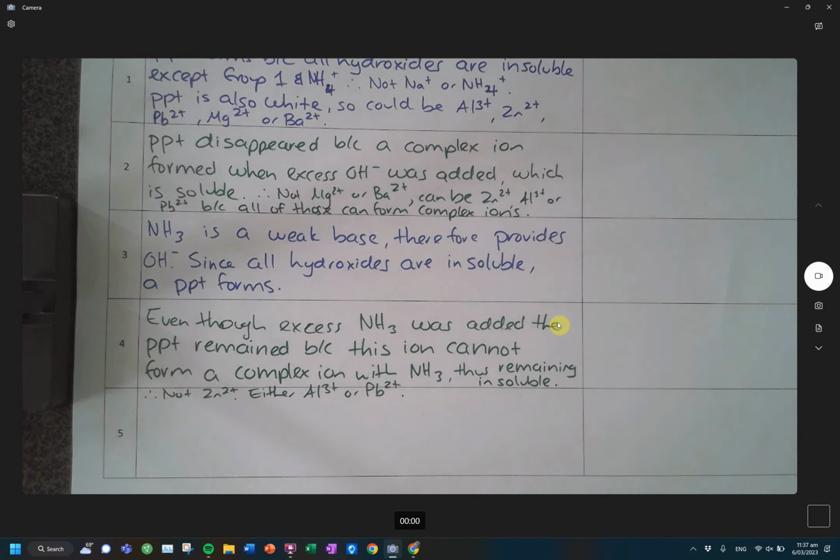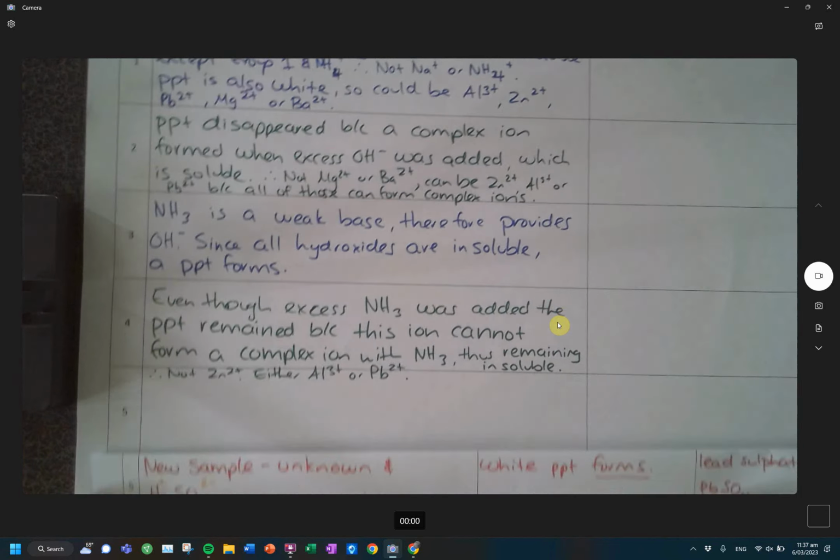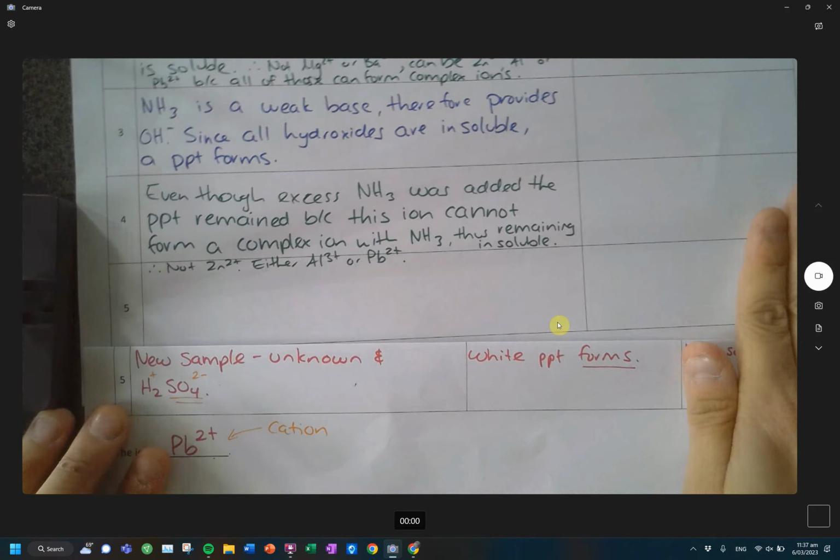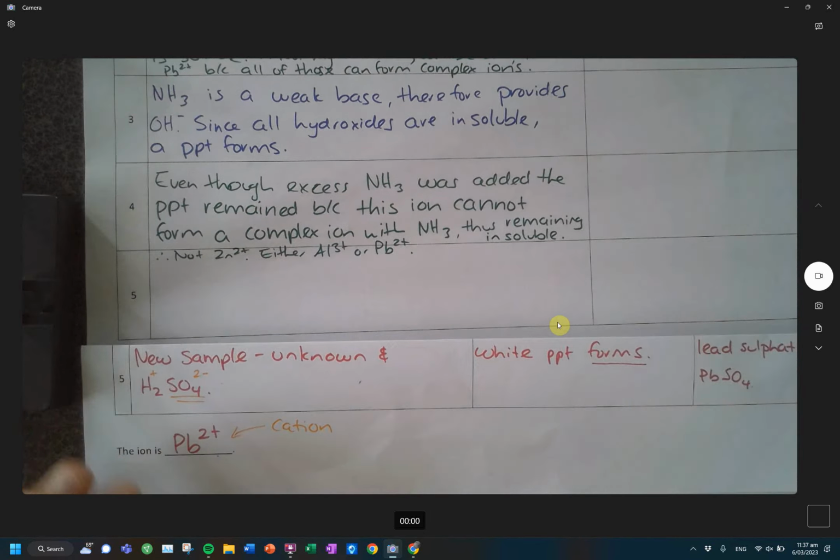Cool. All right, last one. We have a new sample, and with that new sample, a white precipitate forms.